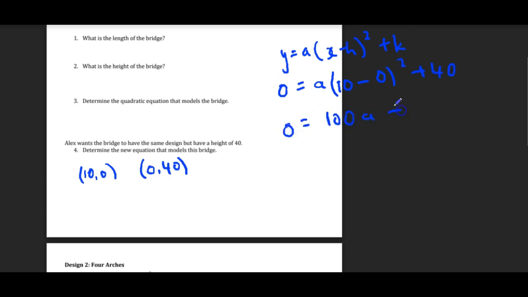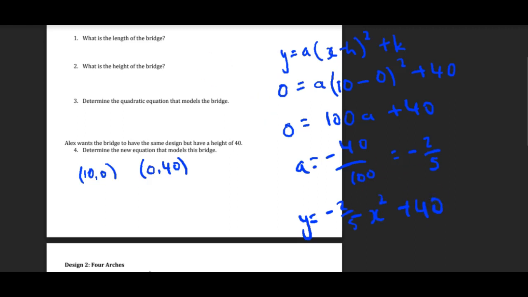So you can see some similarities here. So a is equal to -40 over 100. And if we simplify that, that's -2/5. So your equation is y equals -2/5 x squared plus 40.